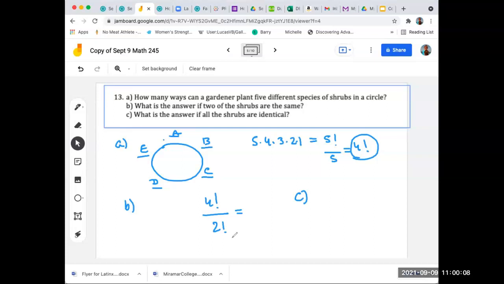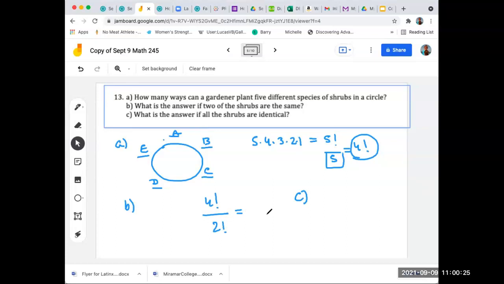I'm trying to explain. Here we divided by 5 and not 5 factorial because there were 5 rotations around that circle. So that was not factorial.